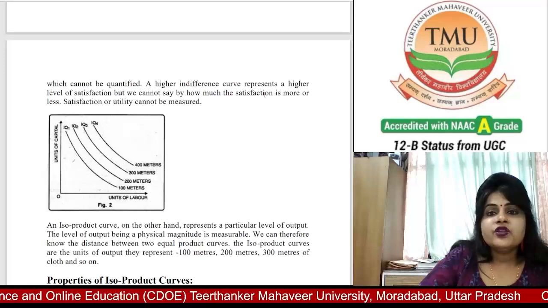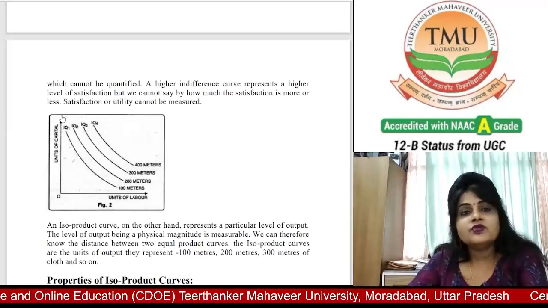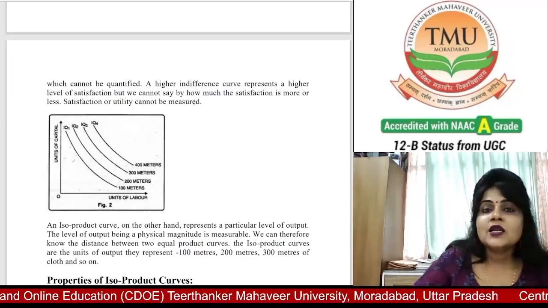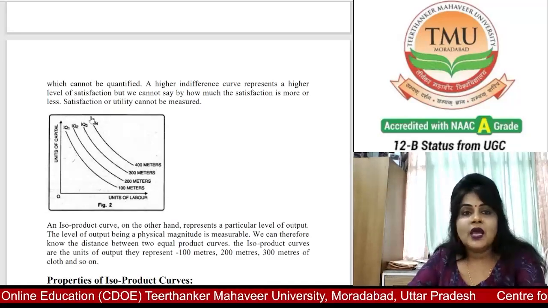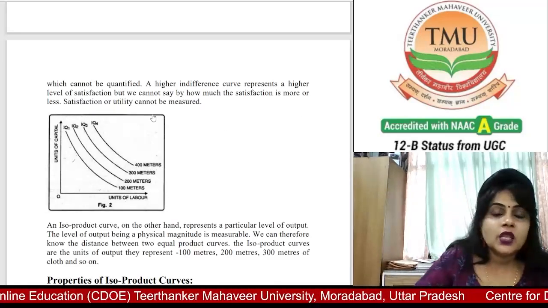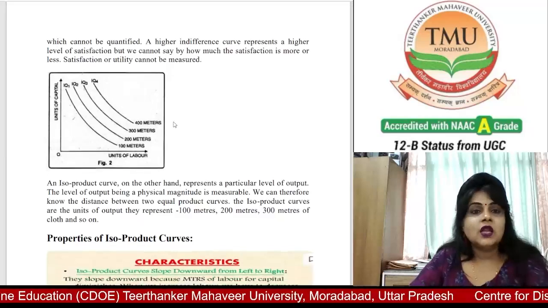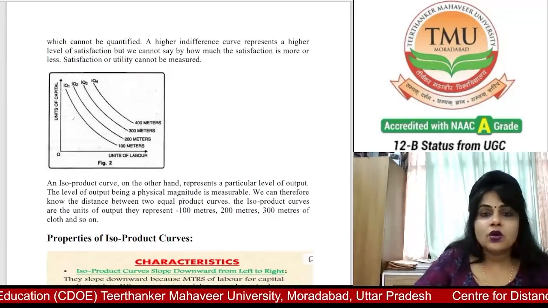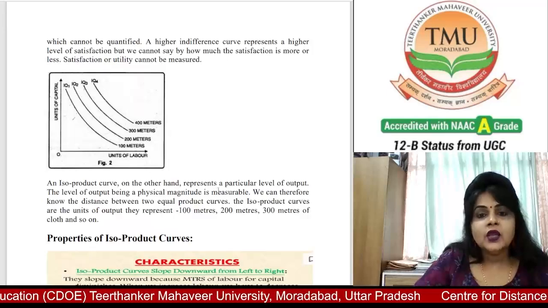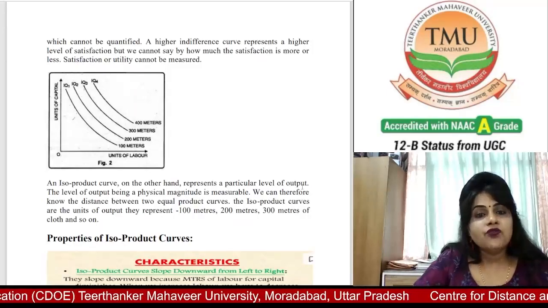A higher indifference curve represents a higher level of satisfaction, but we can't say how much satisfaction is more or less. Satisfaction or utility cannot be measured. Now you see an isoquant curve, on the other hand, represents a particular level of output.